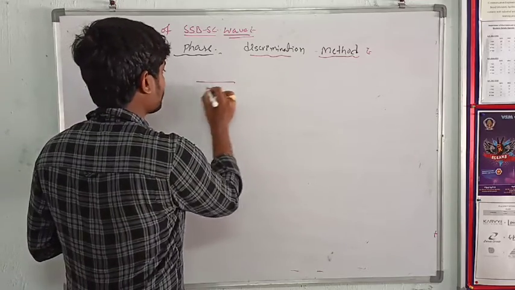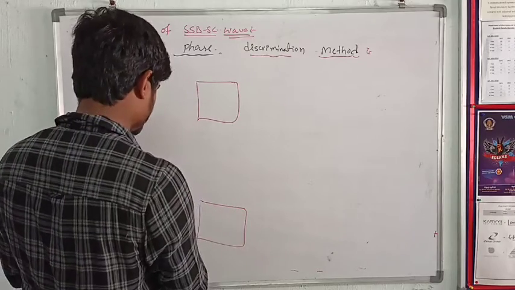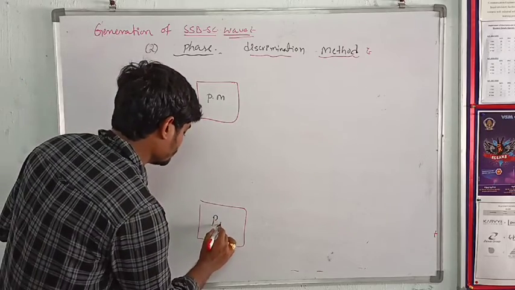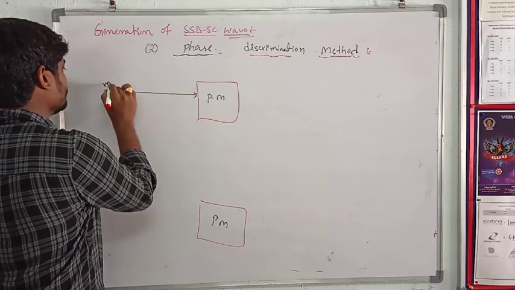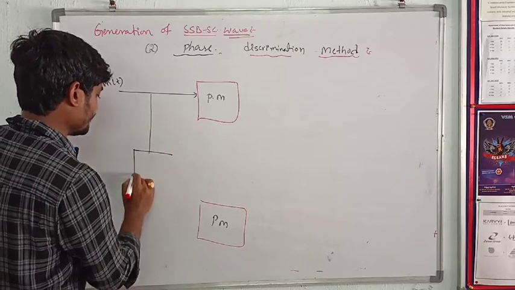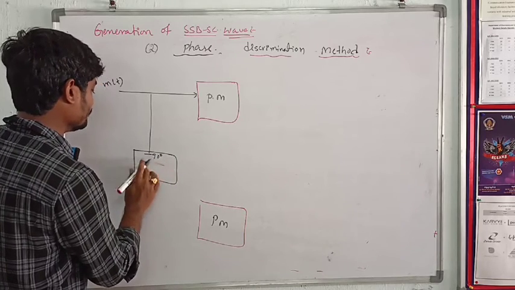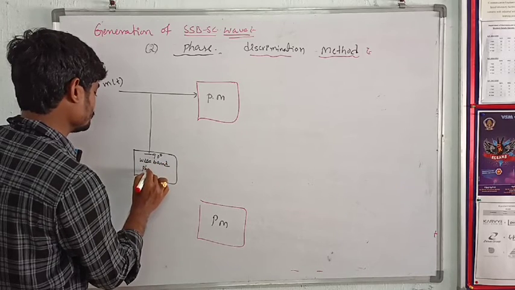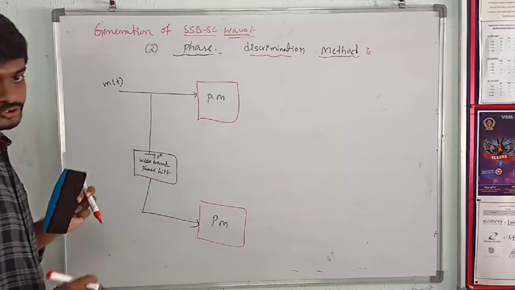This is one product modulator, and this is the other product modulator, also called PM. The message signal m of t is given to the first modulator, and it also goes through a minus 90 degrees wideband phase shift to the other product modulator.